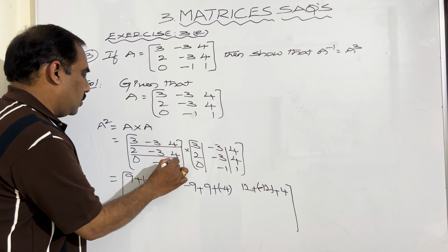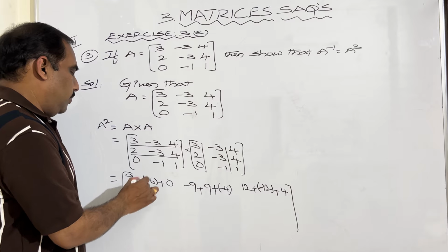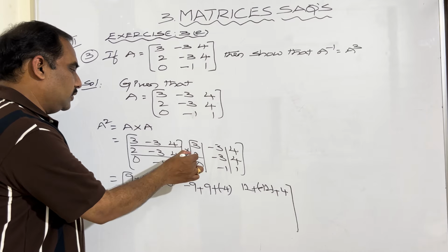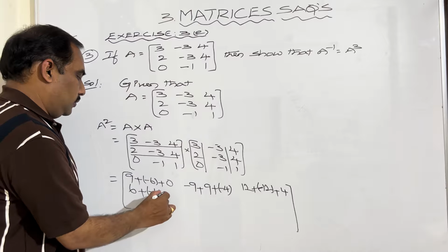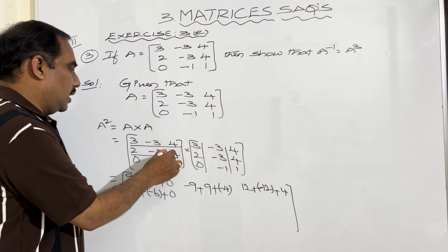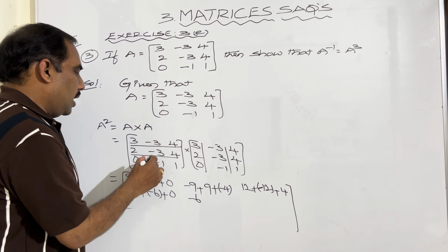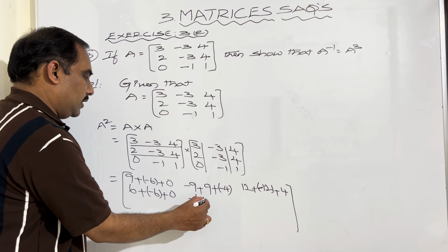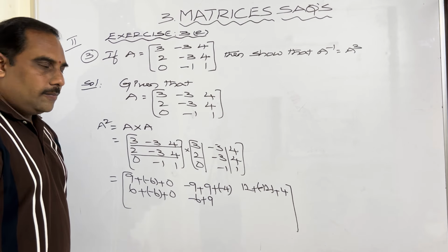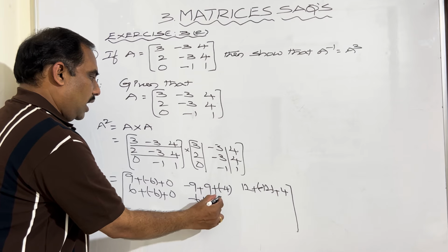Second row, first column: 2 into 3 is 6, plus minus 3 into 2 is minus 6, plus 4 into 0 is 0. Second row, second column: 2 into minus 3 is minus 6, plus minus 3 into minus 3 is plus 9, plus 4 into minus 1 is minus 4.